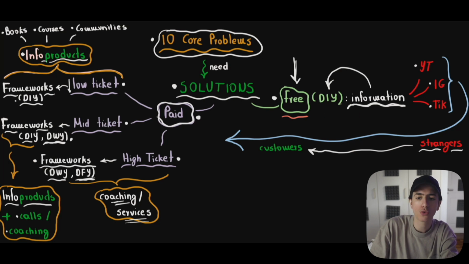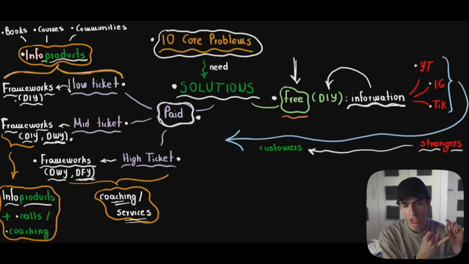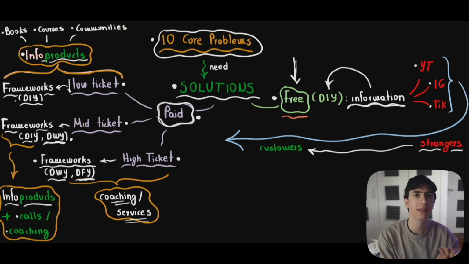The free solution would be free DIY information on YouTube, Instagram, TikTok. For example, this could be videos on the 10 core problems that we have brainstormed. Those videos could be stress relief breathing techniques for investment bankers, how to relax in your midday break with breathing for bankers, how to use the smartphone application for better stress relief.